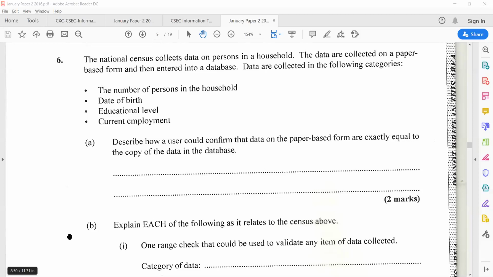And how are you going to check that? You could verify that the educational level is suitable for a person of a certain age. So, for example, if a person is between the age of 15 and 17, they might have CXC qualifications, right? CSEC or CAPE, etc. And that could be a consistency check.